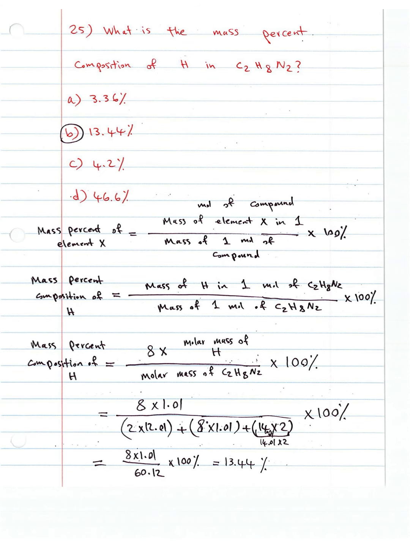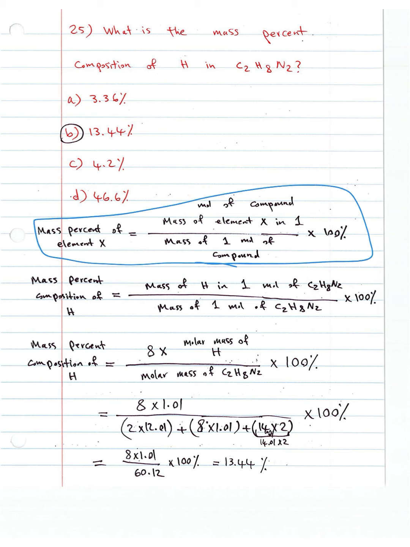What is the mass percent composition of hydrogen in C2H8N2? I asked you in the exam what is mass percent composition, so you should know this formula really well. Mass percent composition of element X is mass of element X in 1 mole of the compound divided by mass of 1 mole of compound multiplied by 100%.